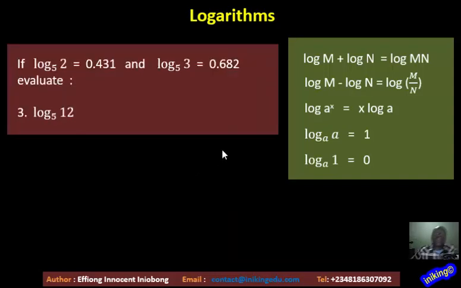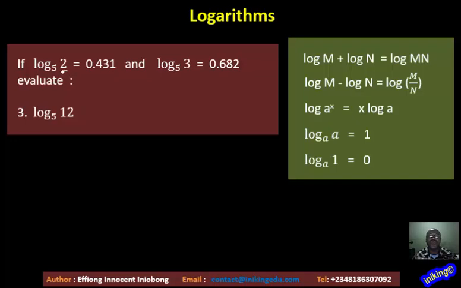Now next we'll have here that if log 2 base 5 is given as 0.431 and log 3 base 5 is given as 0.682, we are to evaluate the log of 12 to base 5. How do we do this? Now this is a very simple question.